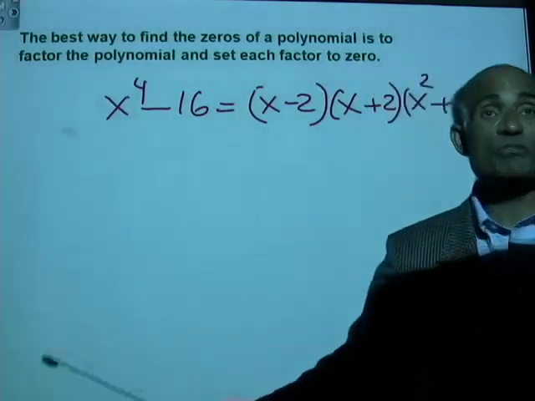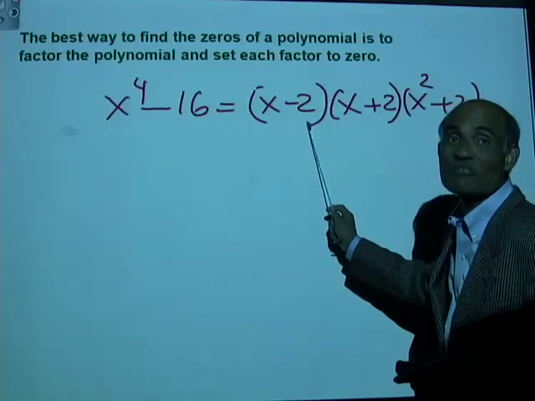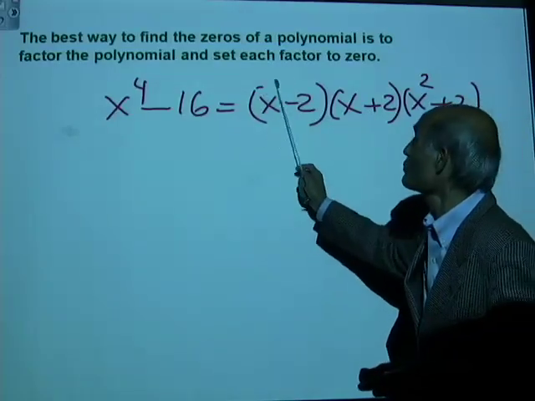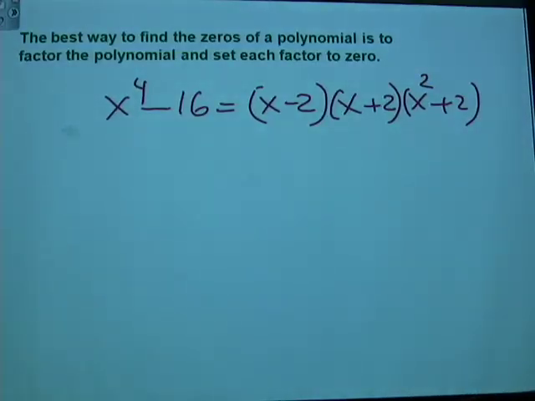Now, if we can factor a polynomial like this, the zeros of the polynomial can be found by setting each factor to 0. Now, if you set x minus 2 to 0, what do you get? X minus 2 equal to 0 gives you x equal to 2.